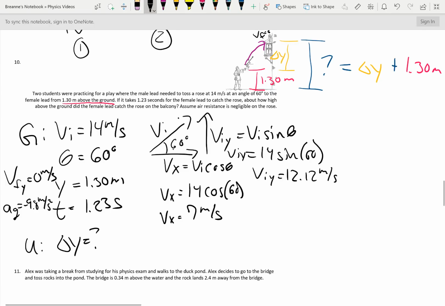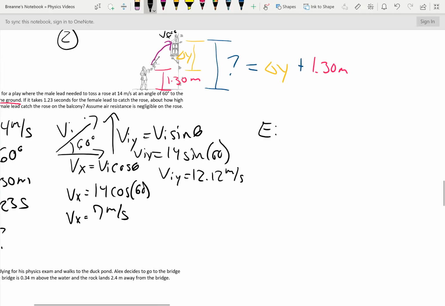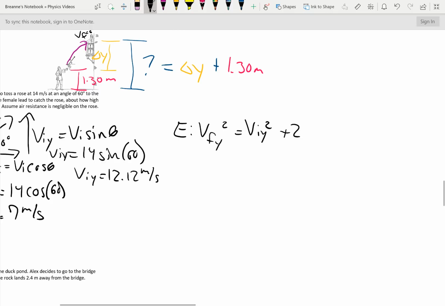So we have our initial, we have our velocity in the x, and we have our final. We didn't necessarily even need our velocity in the x, if you realize that, but it's just habit to do both. So our equation is final velocity in the y squared equals initial velocity in the y squared plus 2a delta y.